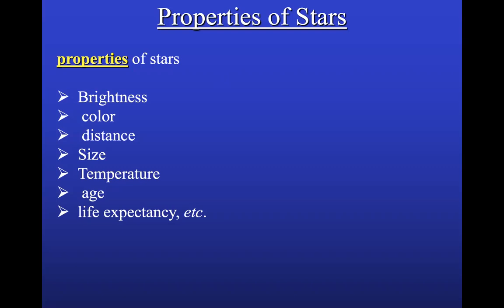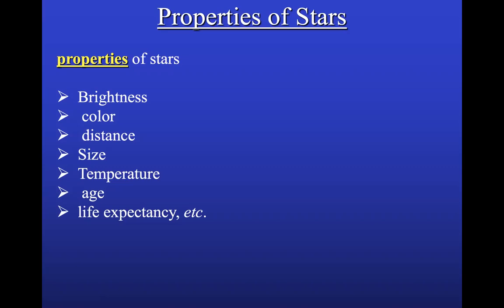And there are methods that astronomers have developed to measure the distances to these stars. One of those methods is the parallax method. This is the method that the latest satellite called Gaia has used to measure the distances to the stars inside the Milky Way.